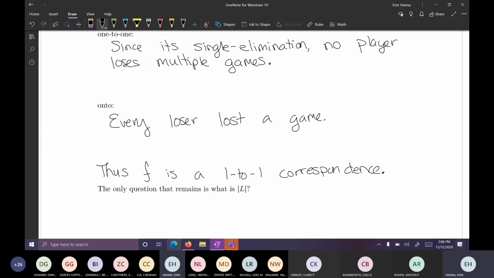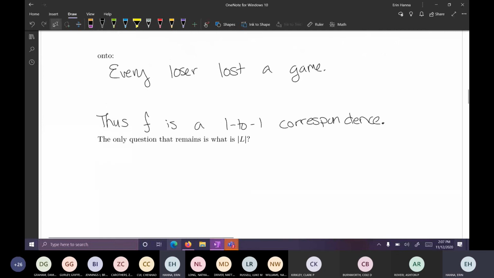So now we can use that idea of instead of counting the number of games, we can just count the number of losers. Since it's a one-to-one correspondence, they must be the same number. Well, if you think about this, there's 270 players and one winner. So how many losers are there? Everyone but the winner. So there's 269 losers.